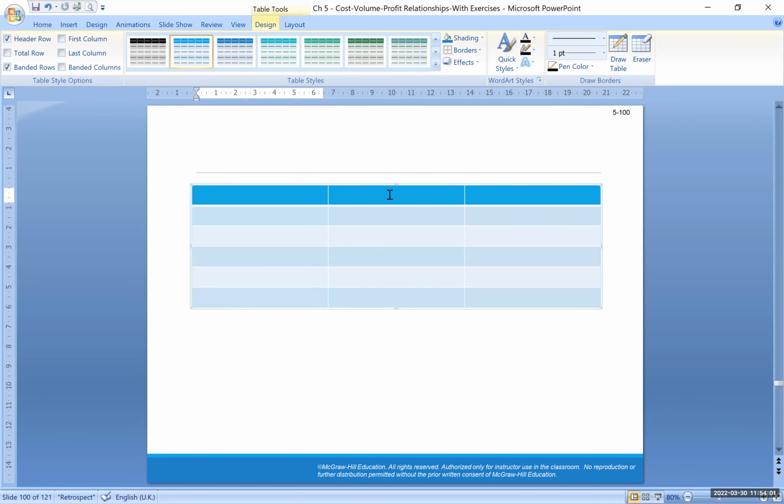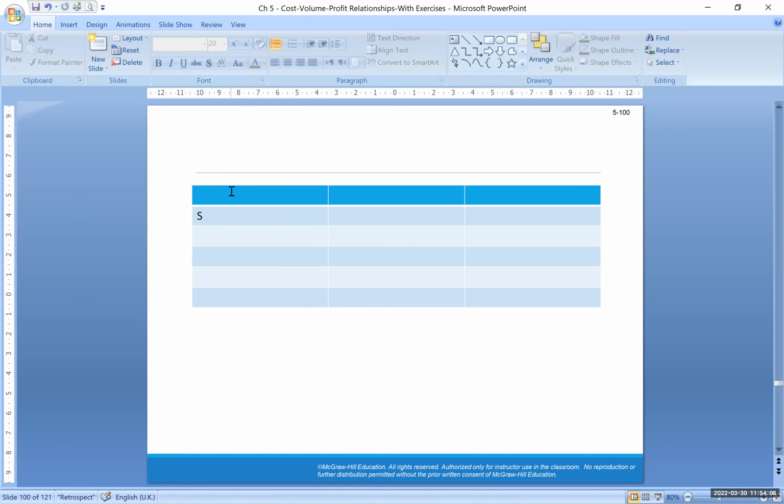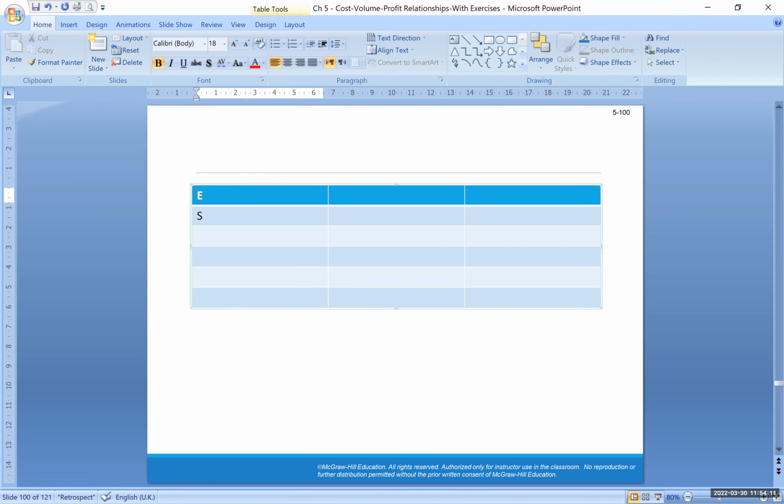Now, for this exercise 5.1: sales minus variable costs or expenses equals contribution margin, minus fixed expenses or costs, equals the net operating income.